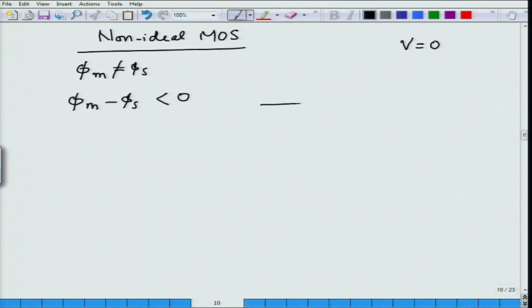So, if I equate the Fermi level of the metal across the oxide, this is going to be the Fermi level of the semiconductor, Fermi level of the metal, and we have the vacuum level, where phi m is smaller, and then we have the vacuum level for the semiconductor where phi s is large, which basically means that the difference of this is to be taken up by the oxide.